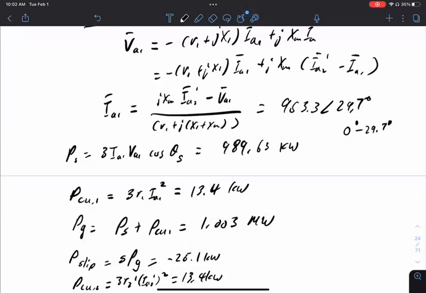Are you generating or consuming reactive power? Consuming, right? So if you want to generate reactive power, you want this angle to be negative. Then you can have scenarios where, because you want to provide reactive power, you have to cycle active power, depending on how the angle works out.